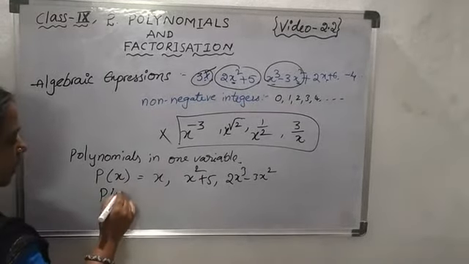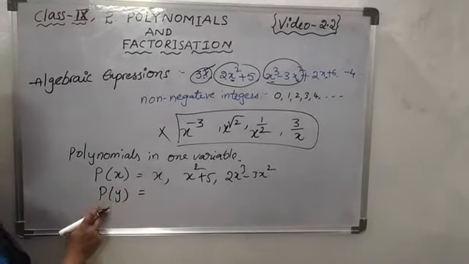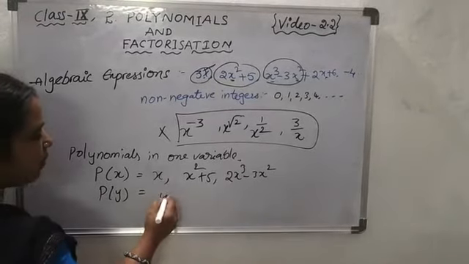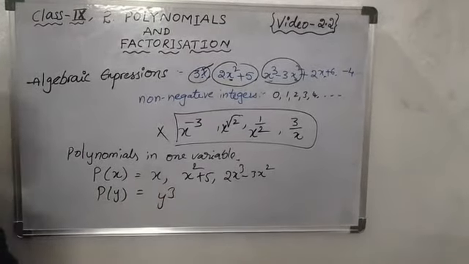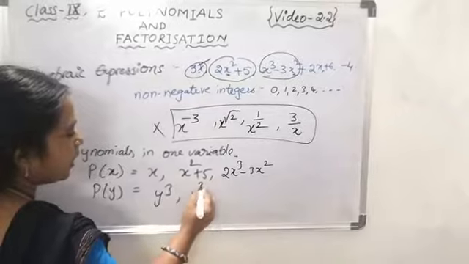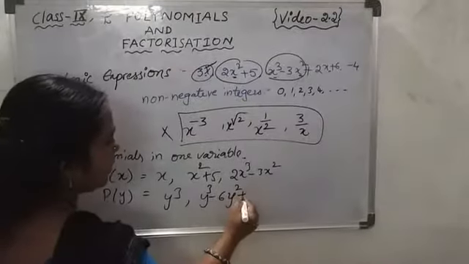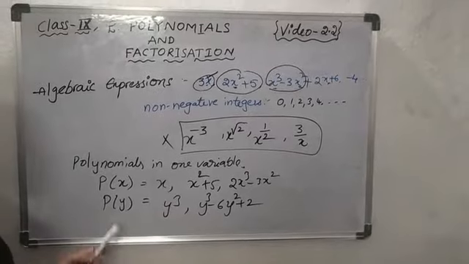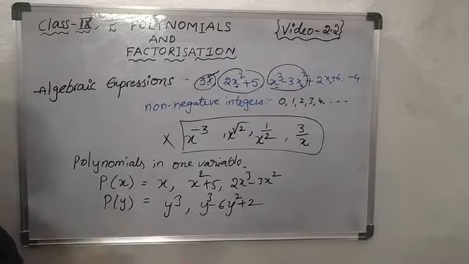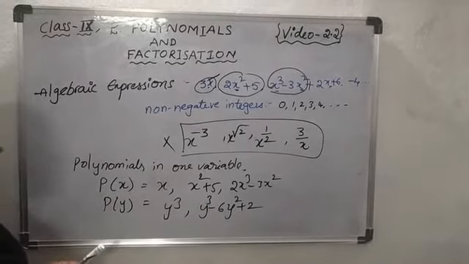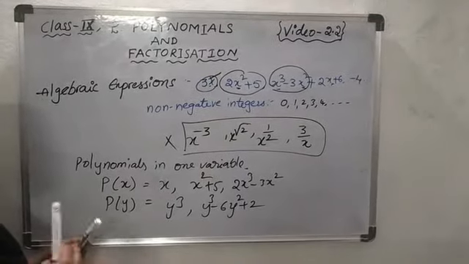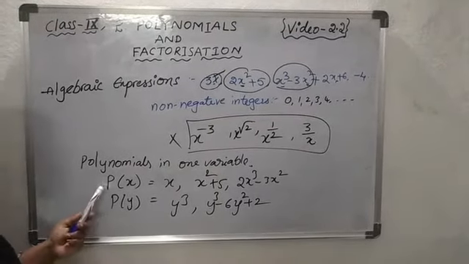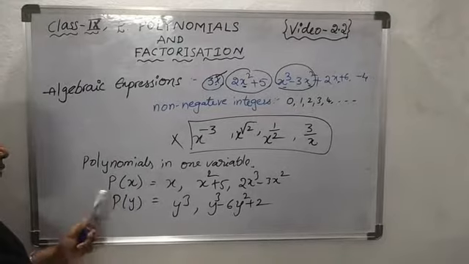If I write p of y, it means a polynomial in y, for example y cube minus 6y square plus 2. Here we are using the variable y. Whatever variable we use, it is called a polynomial in that variable. x means polynomial in x, y means polynomial in y, m means polynomial in m. So it can be written as p of x, p of y, p of m.